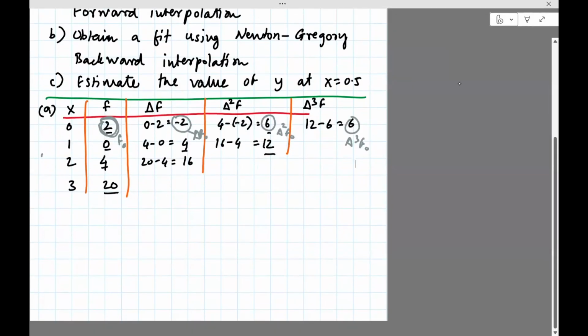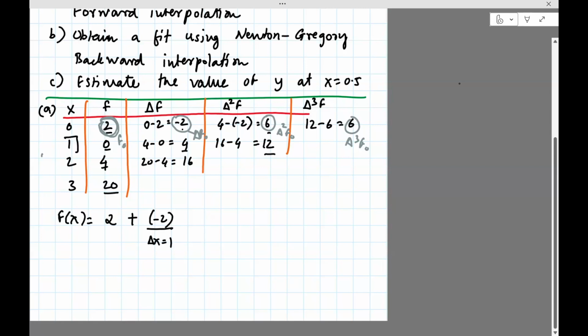So here's the formula. It's y, or f of x, equals f of x0, that's 2, plus minus 2 divided by what will be here is delta x, which is just 1, right?